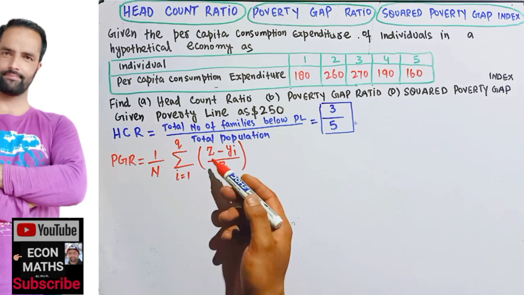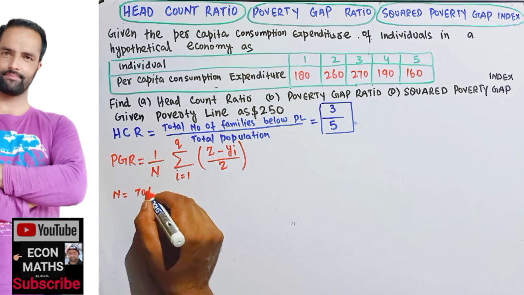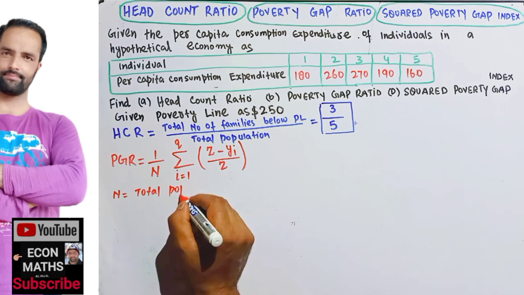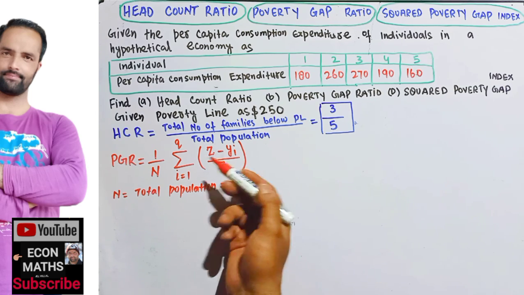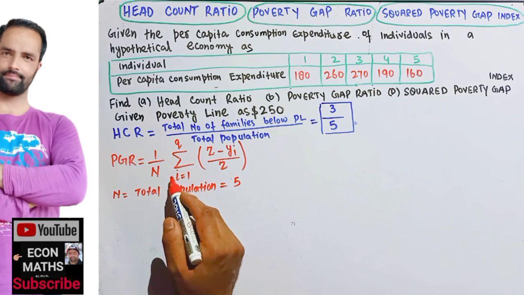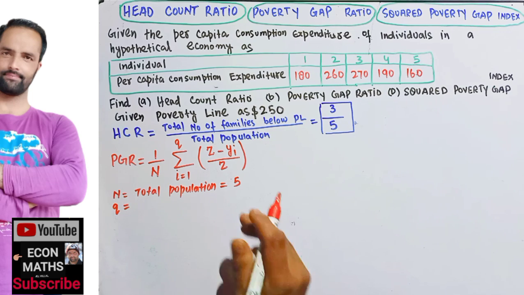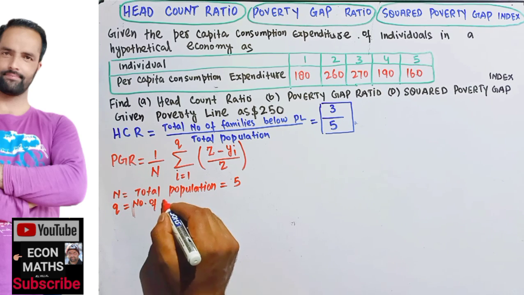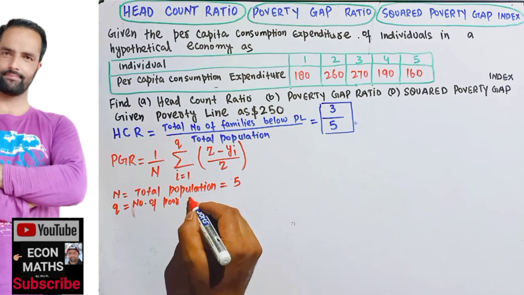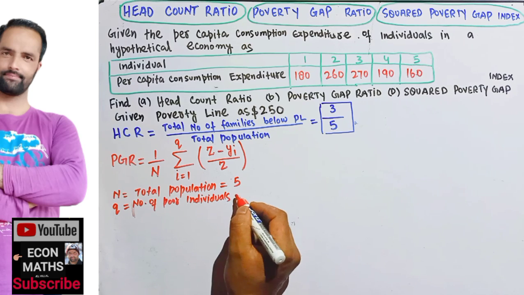So what is the meaning of these variables? N denotes the total population, and here we have 5. Then we have q. q denotes the number of poor households or individuals.